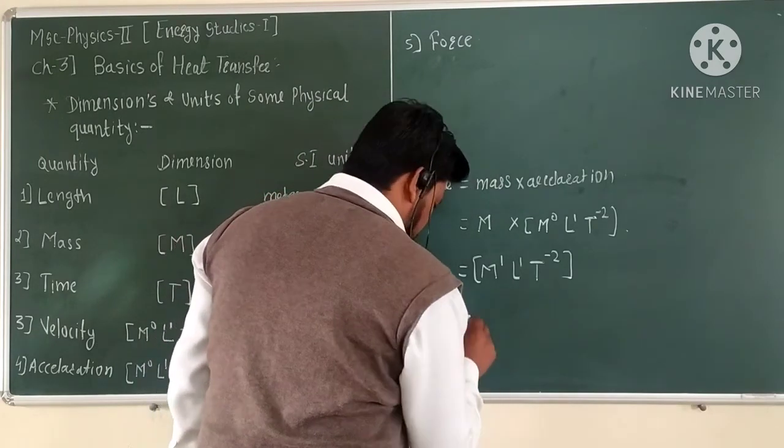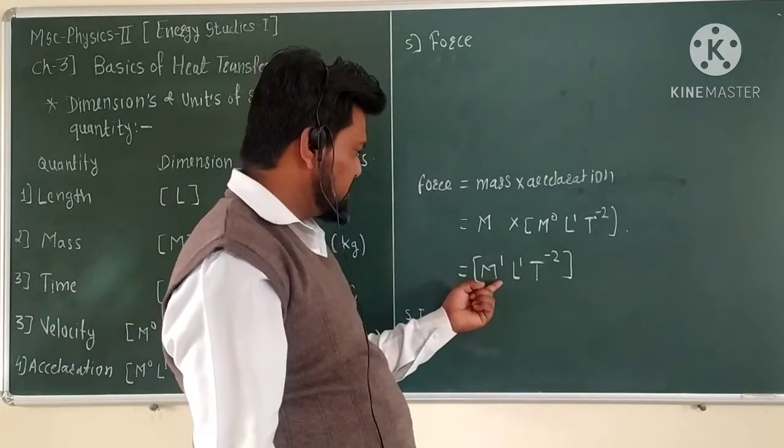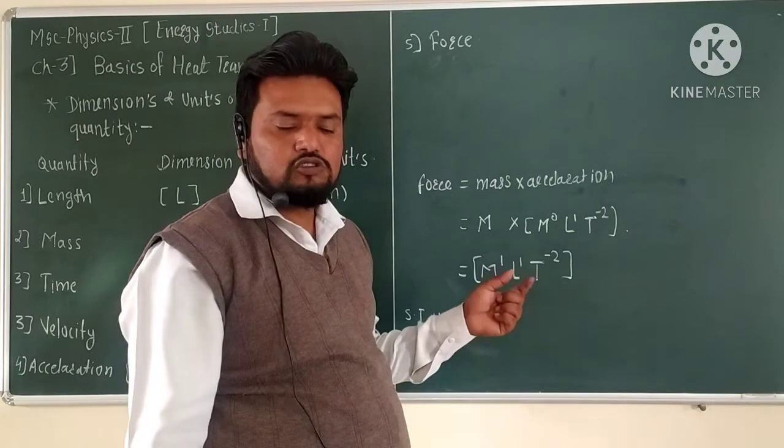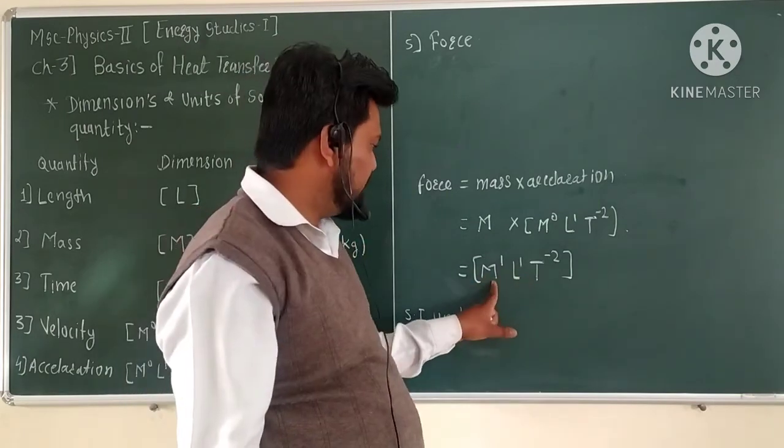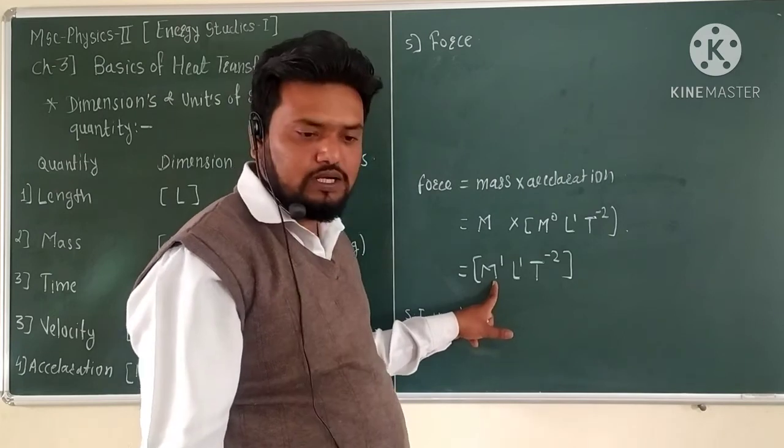So this is the dimension of the force, and if we write the SI unit depending upon this dimension, mass dimension is M power 1.